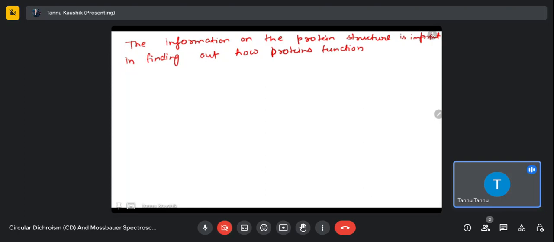And proteins adopt unique conformations which are optimized to perform specific structural, regulatory, or enzymatic functions.